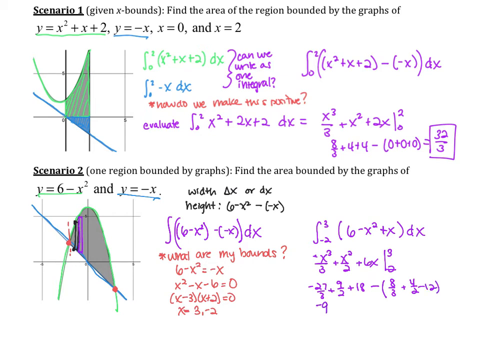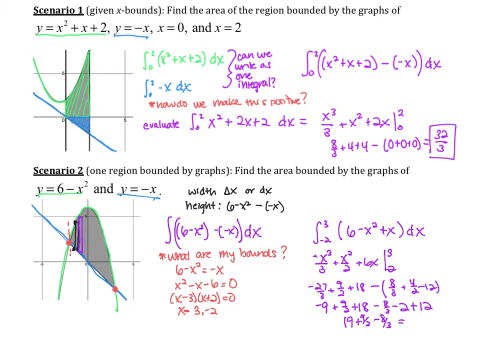Okay, so negative 9 plus 9 halves plus 18, so positive 9, minus 8 thirds, minus 2, plus 12. So it looks like I get 19 plus 9 halves minus 8 thirds.